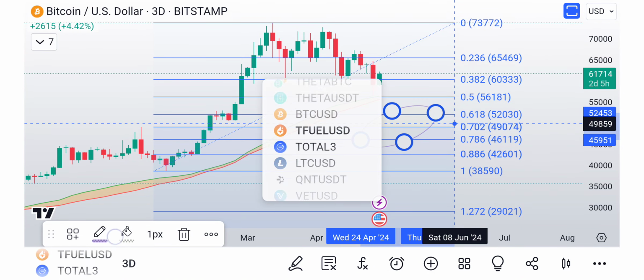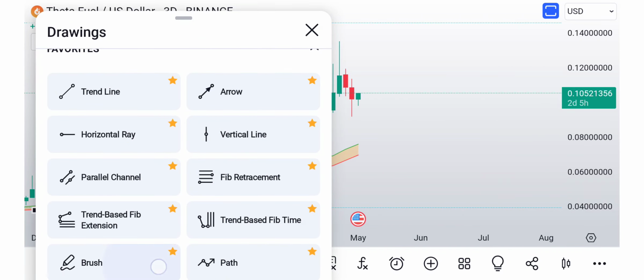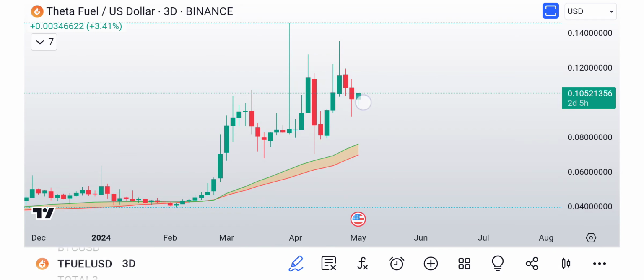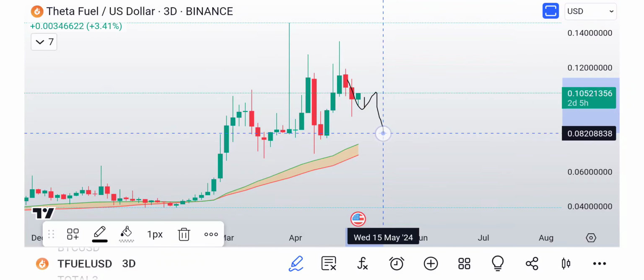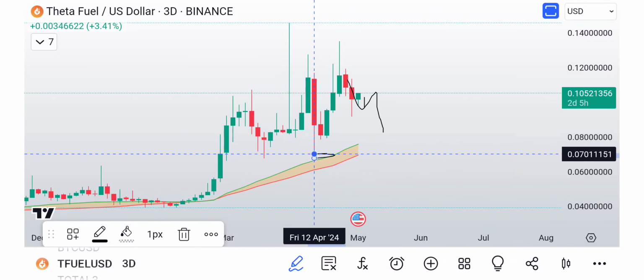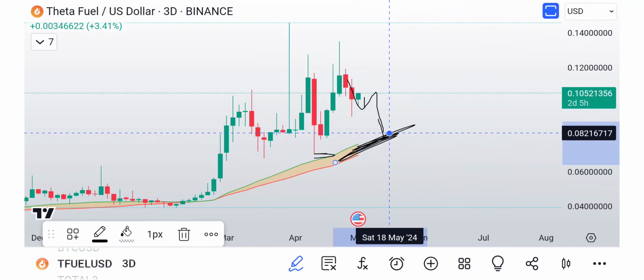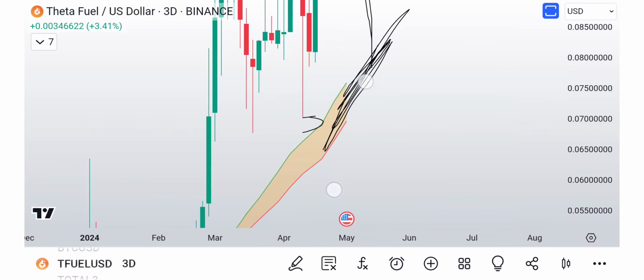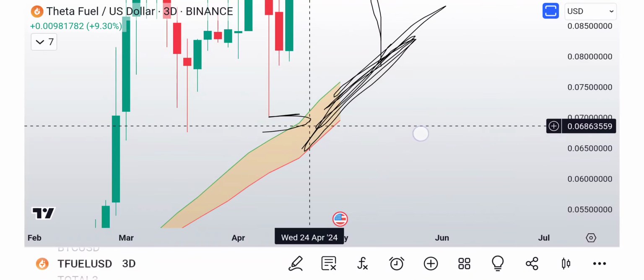Then I could totally see Theta Fuel still being extremely bullish. We'd probably have something that comes down here, and it'd either make a higher low or come down and finally tag the bull market support band. Because look at the angle. That's another important thing. Look at the angle of the bull market support band.